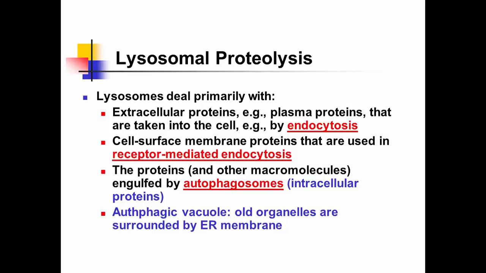And lastly, the old organelles that can be surrounded by ER membrane and form the autophagosome, like older mitochondria. So again, the extracellular proteins, cell surface membranes, old organelles, and some intracellular proteins are all substrates of lysosomal proteolysis, right?